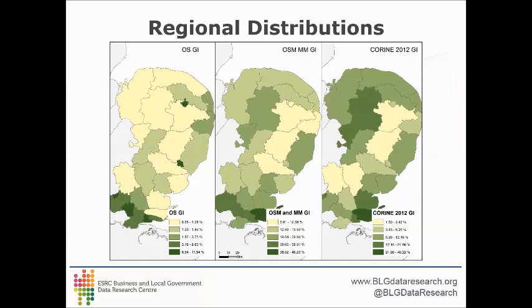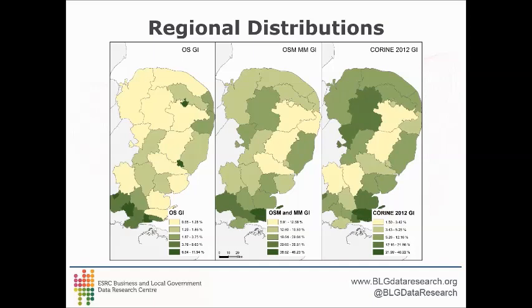So that's about 2%. The OpenStreetMap MasterMap Blend covers about 255,000 hectares. So that's about 19% of the region. And the reclassified Corine land cover covers about 160,000 hectares, about 12% of the region.